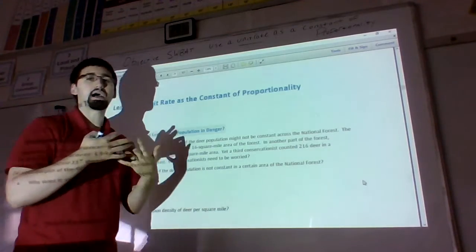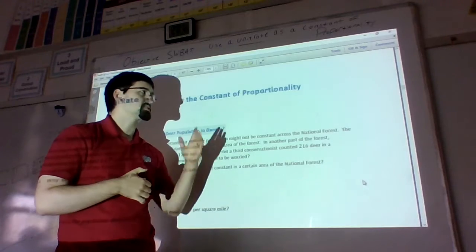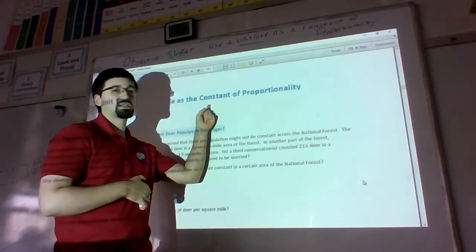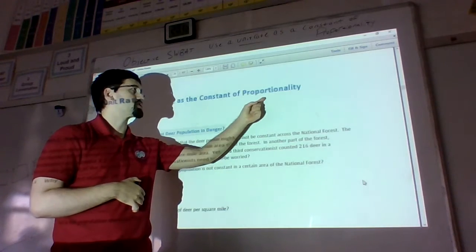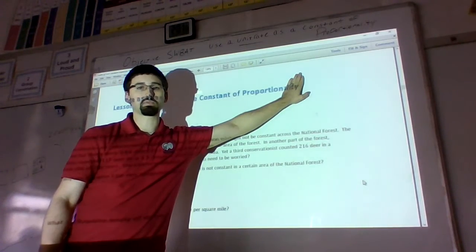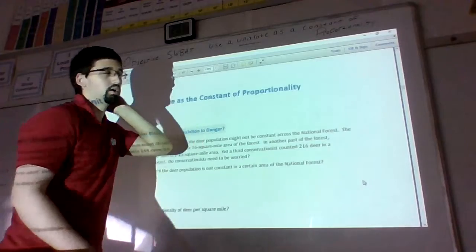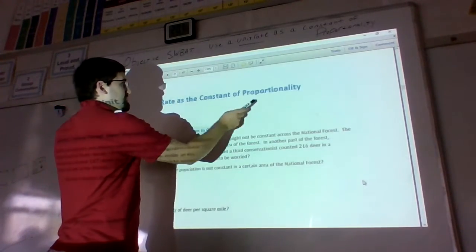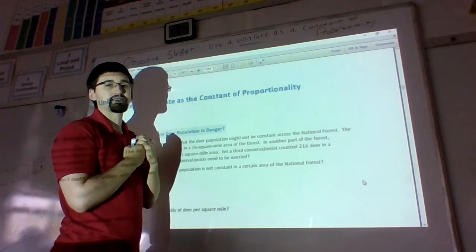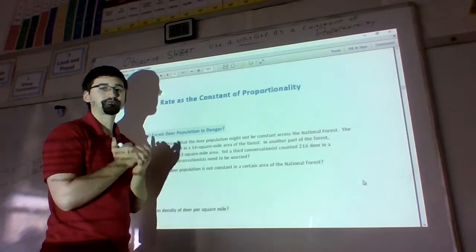Constant means it doesn't change. Proportion has to do with a proportion or a ratio. Ratios are a form of proportion. So the constant of proportionality is just that constant number that tells us the relationship between the 2 parts of our ratio.